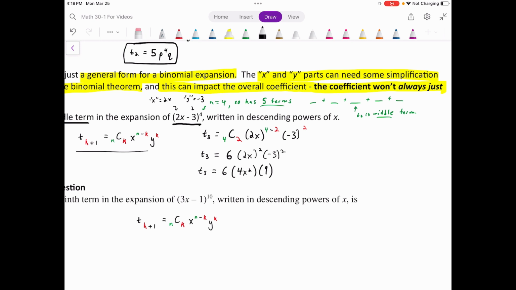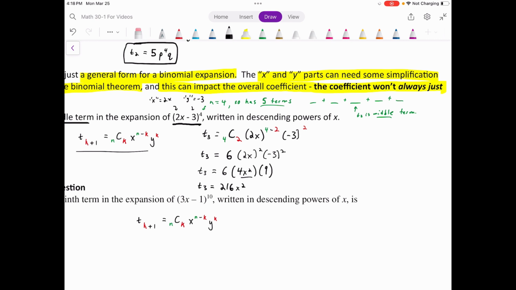And we're almost there, but we can do a little more simplification here. We've got 6 times 4x squared times 9. So to simplify, the coefficient parts of those, we can just multiply together. So the third term will be 6 times 4 is 24, and 24 times 9 will give us 216. So the third term is 216x squared.